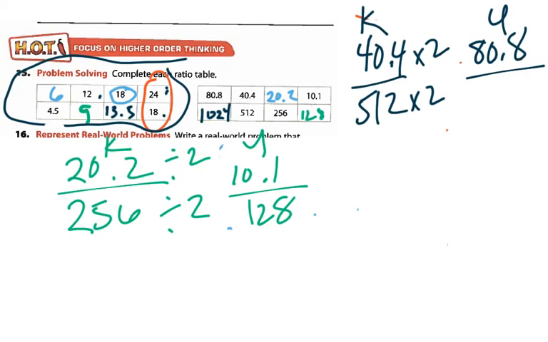Okay? So, as you can see, you can fill those in pretty easily once you have a starting place, using some number sense to try to figure that out. Okay? But using the K and the U is important so that you have that set up.